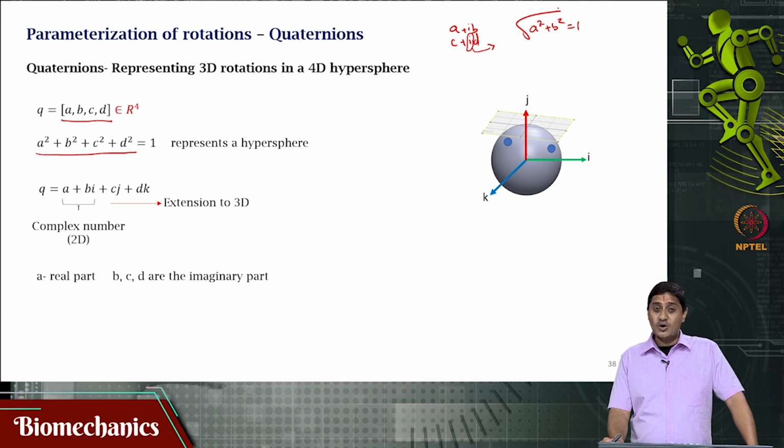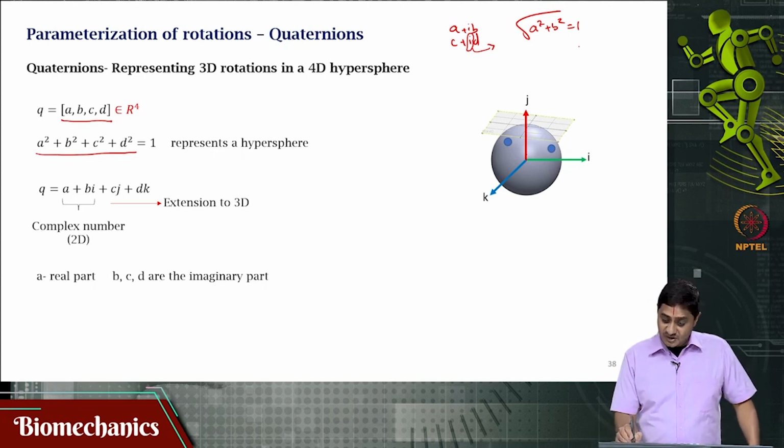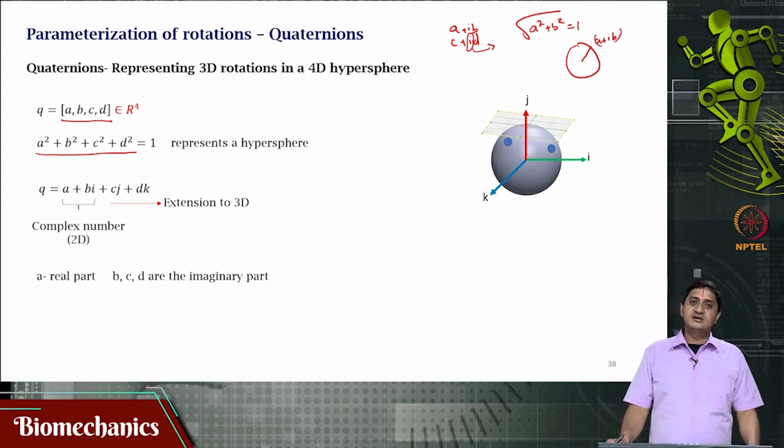So, remember when we represented the complex number, we said that is the number a plus ib. Now, this is on the circumference of the unit circle, correct. In this case, for a quaternion, this will be a plus ib plus cj plus dk. Each of this will be such that this quaternion will be a point on the surface of this 4D hypersphere.